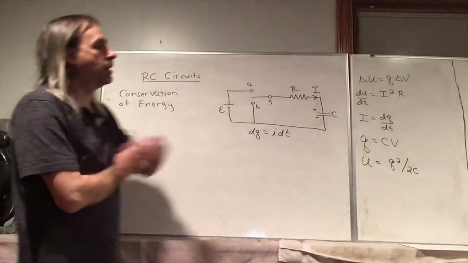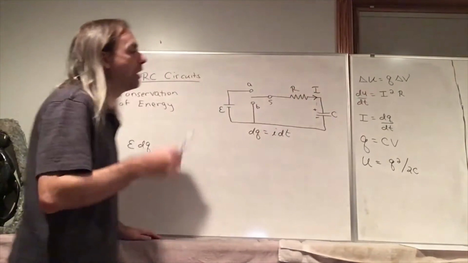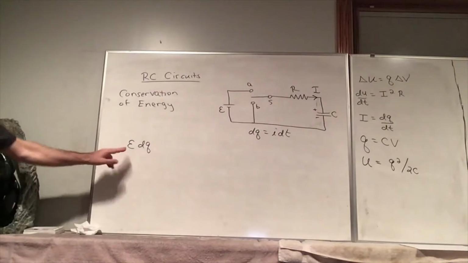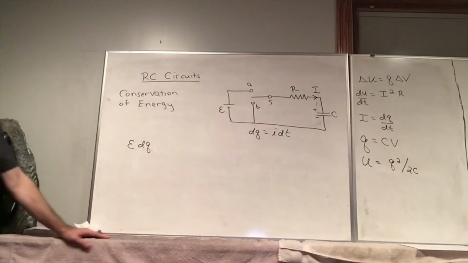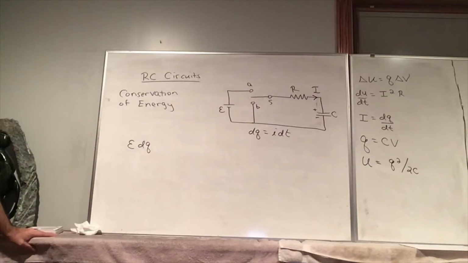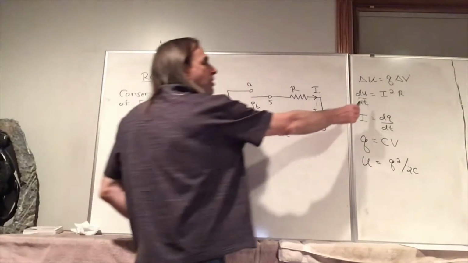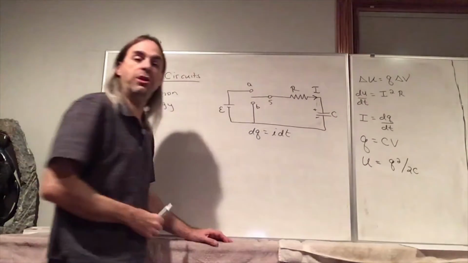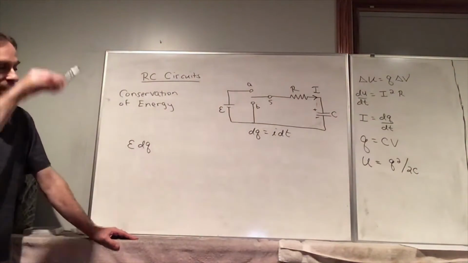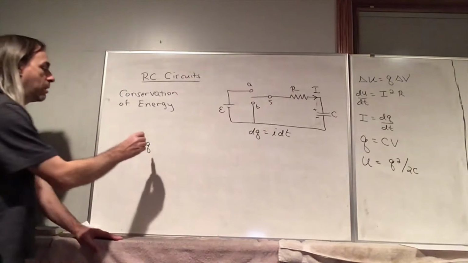That's basically this equation: the EMF is just the potential difference, delta V. This has to equal the energy being converted into heat in the resistor. For a resistor, the rate that energy is being converted into heat is equal to I squared R.